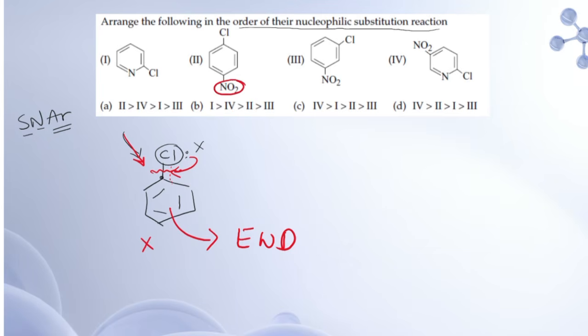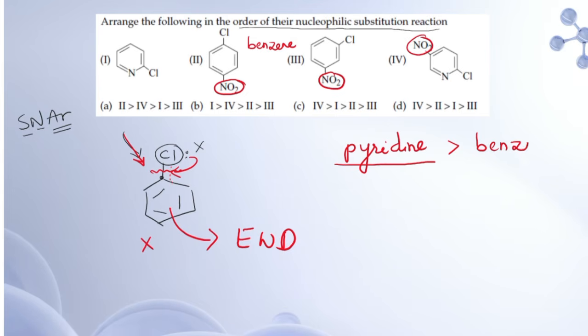We have nitro in 3 of the options. Molecules 2 and 3 have benzene as the aromatic molecule, whereas in options 1 and 4 we have pyridine. Now, does it make any difference with respect to nucleophilic substitution? Yes, it does. How so? Pyridine will undergo nucleophilic substitution better than benzene. Is it so?